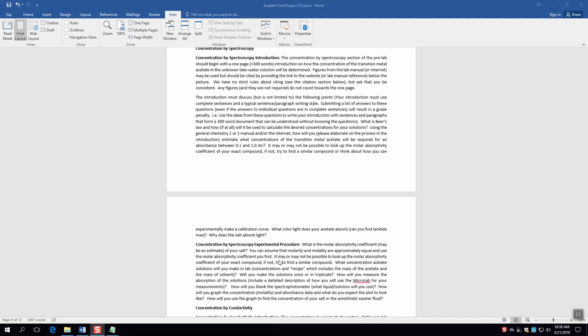So for the experimental portion, it asks you some questions about the molar absorptivity and molarity and molality and various things. And these are questions that you should take into account when designing your experimental procedure, but they won't give you exact numbers that you should use when working towards your experiment.